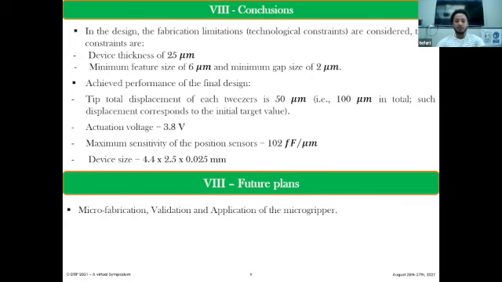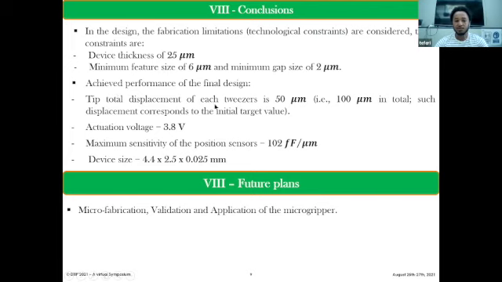So to conclude, in the design, the fabrication limitations and technological constraints are considered. These are, for example, the device thickness of 25 micrometer, minimum feature size of 6 micrometer, and minimum gap size of 2 micrometer. And the other point is the achieved performance of the final design.